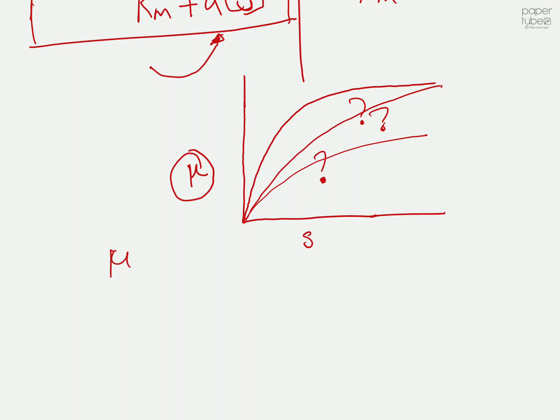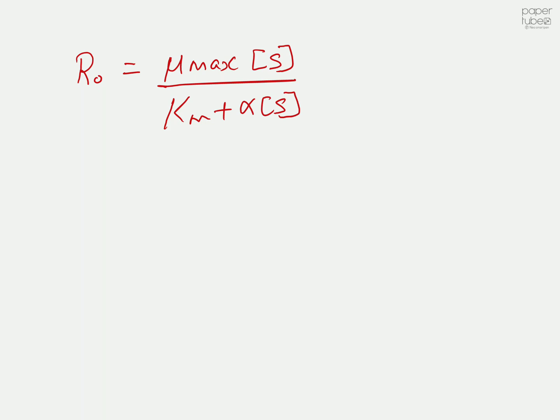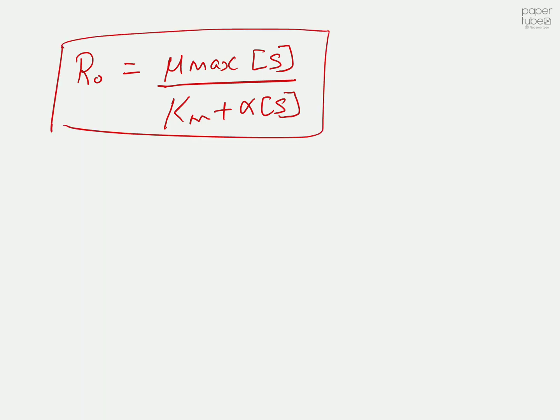One way to get a general idea is this; I will show you how to do it. If you have the initial velocity mu max S divided by Km plus alpha S, that's the kinetic expression that we derived.